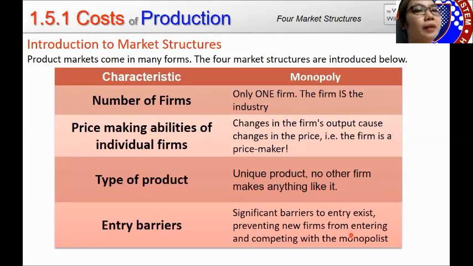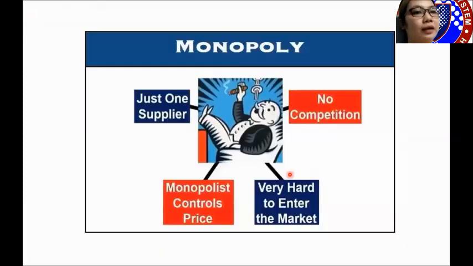In terms of entry barriers of monopoly, there is a significant barrier to entry and exit, preventing new firms from entering and competing with the monopolist. So here in monopoly, entrance and exit are limited. That's why they are the only ones producing that kind of product.